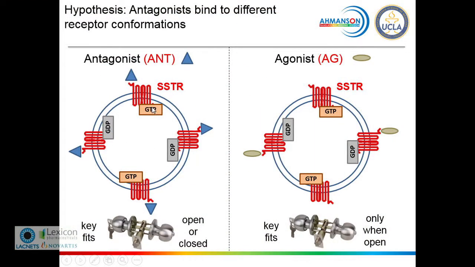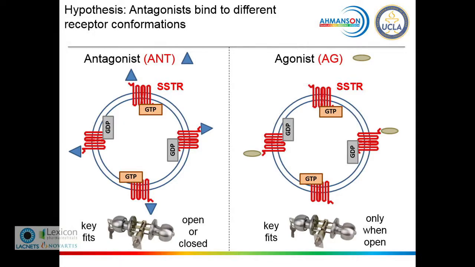But the antagonist binds to all receptor conformations, no matter whether the receptor is activated or not. So the key always fits, whether the lock is open or whether the lock is closed. For the agonist, it's probably different. If the receptor is in a certain conformation, if the receptor is inactivated, if the lock is closed, then the key is not fitting anymore.